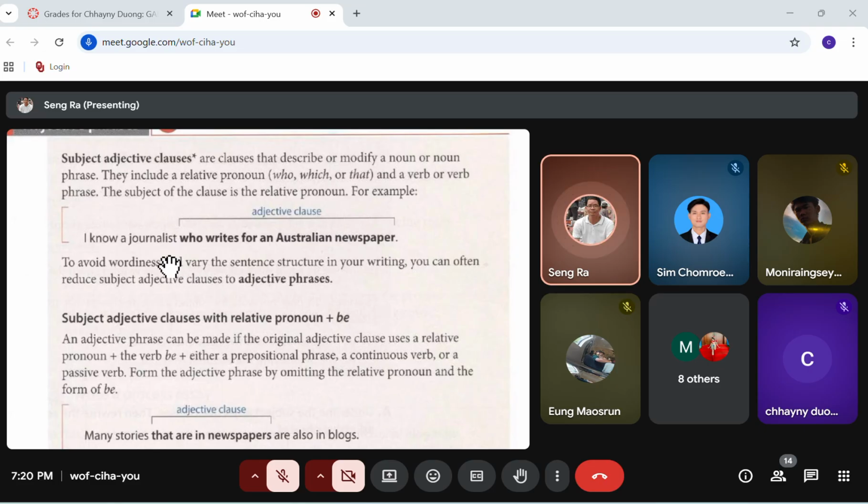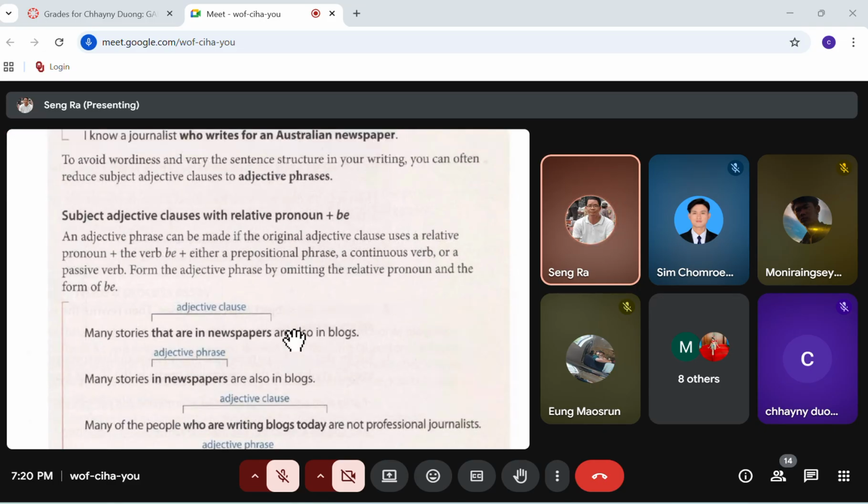So you may say, I know a journalist writing for an Australian newspaper. We will look at what comes below here.